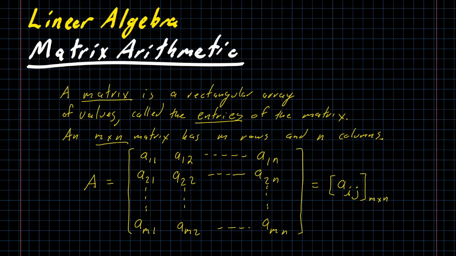So we know that i is going to range from 1 to m, and j is going to range from 1 to n. And with just that, we can establish everything we need to establish about the general form of the matrix. Of course, if we have specific values, then that's not so useful. But when we're talking about a matrix generally, that sort of thing tends to make our lives easier.